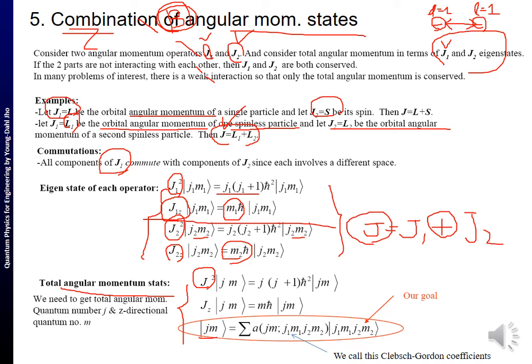Here, the total angular momentum state is represented by the original independent states |j1, m1⟩ and |j2, m2⟩, and this is the coupled state now. If it is independent, |j, m⟩ equals |j1, m1⟩|j2, m2⟩.